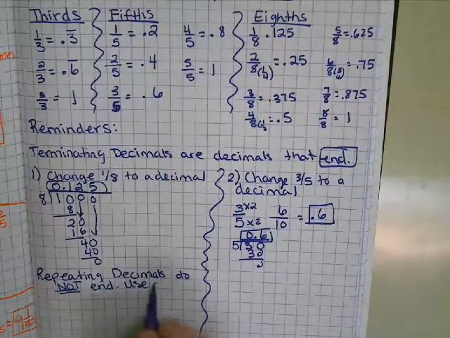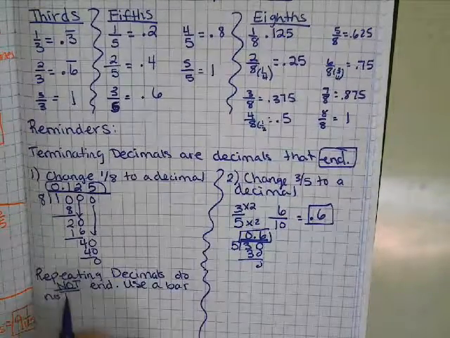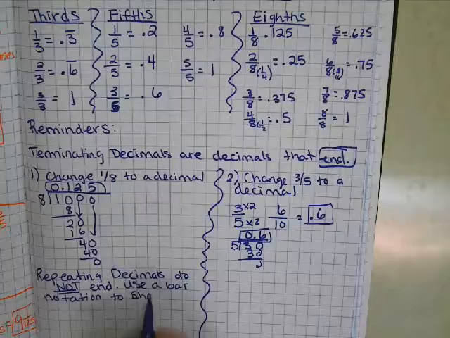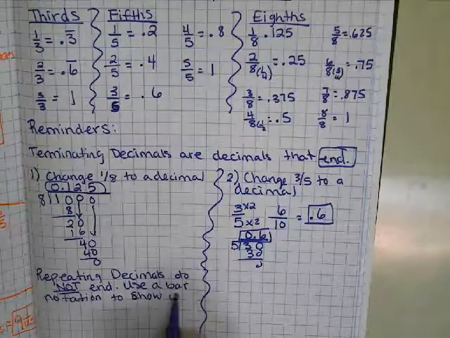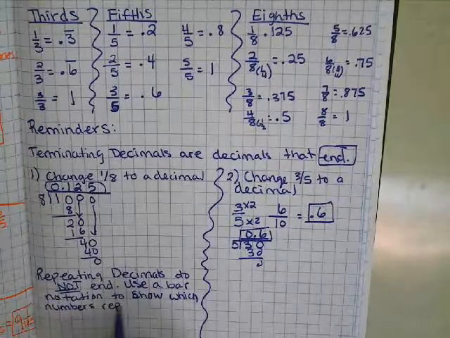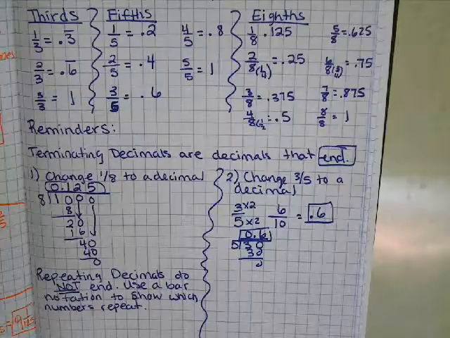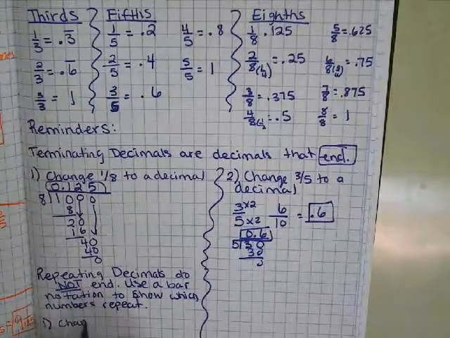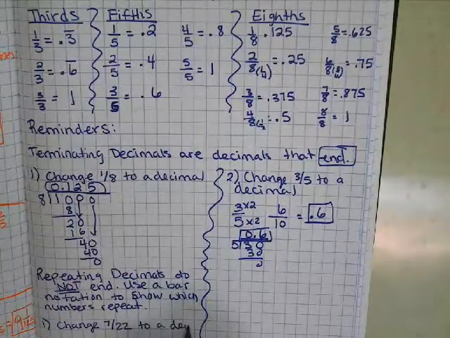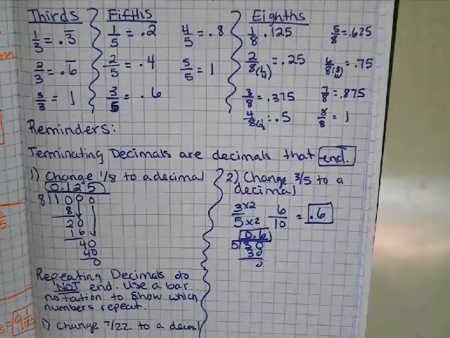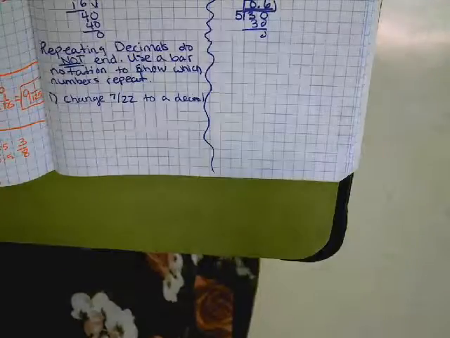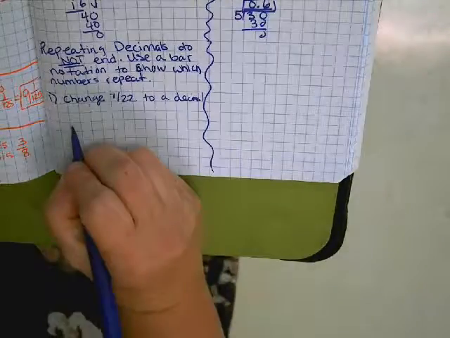We're going to use bar notation to show which numbers repeat. So our one example here is we're going to change 7/22 to a decimal. So I want you to pause it and try that. When you're ready to move on, press play and move on.